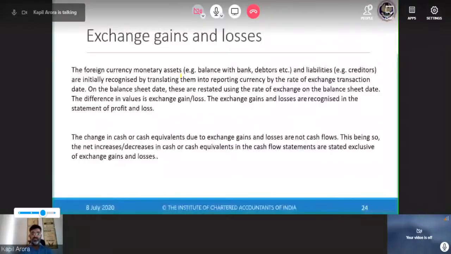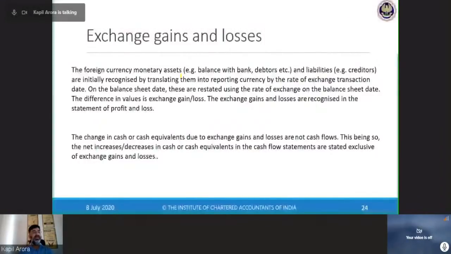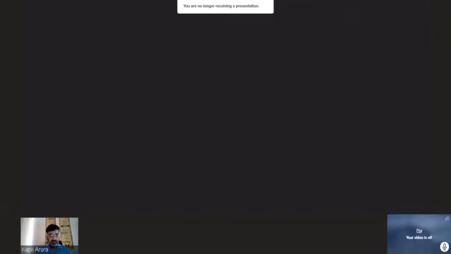When these debtors were recorded, the dollar value was 75, that is, $1 equals 75 rupees.